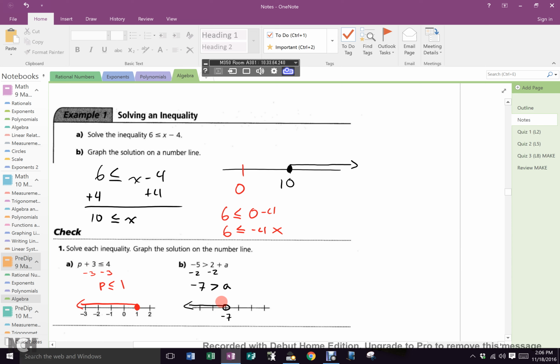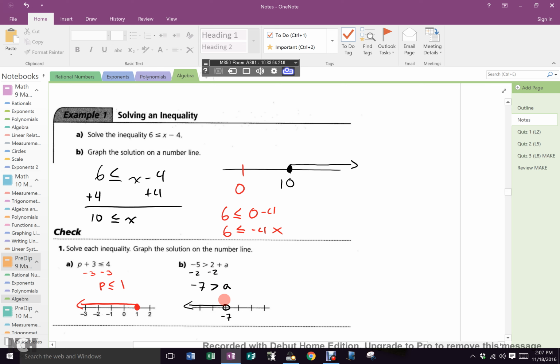In this one, -7 plus -2 is -9, isn't it? Is -9 greater than -9? No. It's the same, isn't it? So -7 is not included because it doesn't work. The shortcut is when there's an equal sign, you color. When there isn't, you leave it blank.